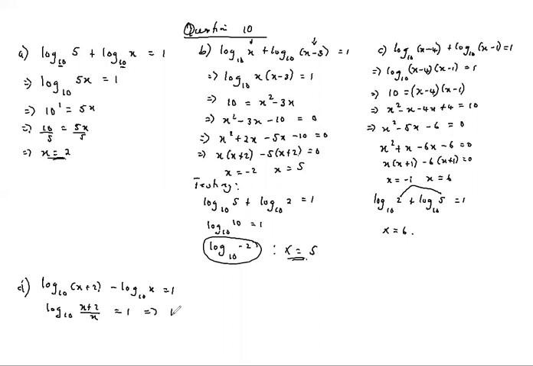This is just 10 to the power 1 is (x plus 2) over x. So you solve this, you cross multiply, you get 10x is equal to x plus 2. And so you have 9x is equal to 2. So x is 2 over 9. That's what you are looking for.